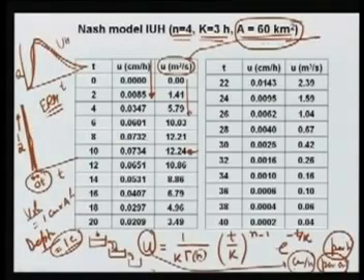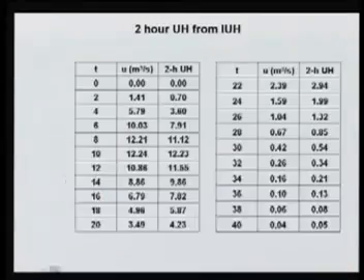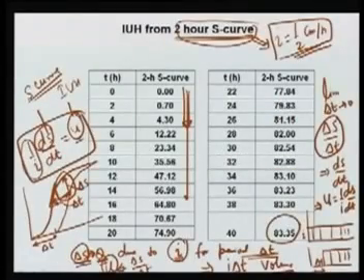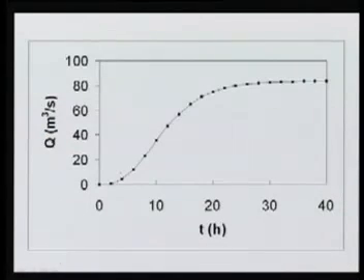If the intensity is taken as half centimeter per hour, it will result in an ordinate of 83.35 at the end, or the asymptotic value. So we can plot this S curve, and as it is shown here, this is the 2-hour S curve.